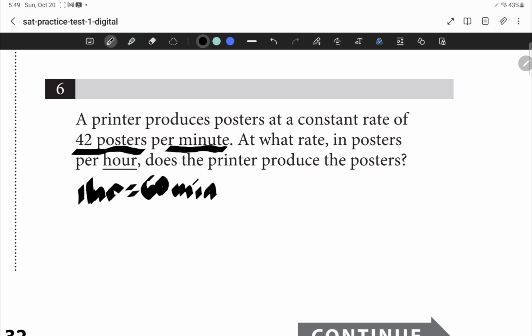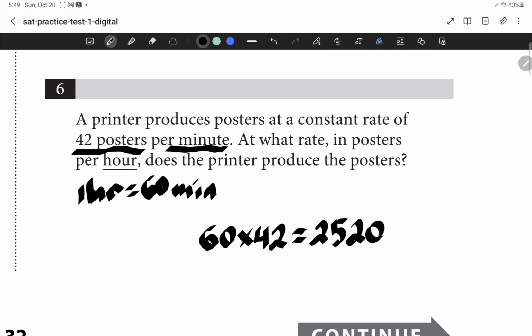That's going to be important. Now, how many can we do per minute? 42. Now, whenever you multiply both of them, I believe you're going to get 2,520. And that is your answer. That's how many posters you can do in an hour with this rate.